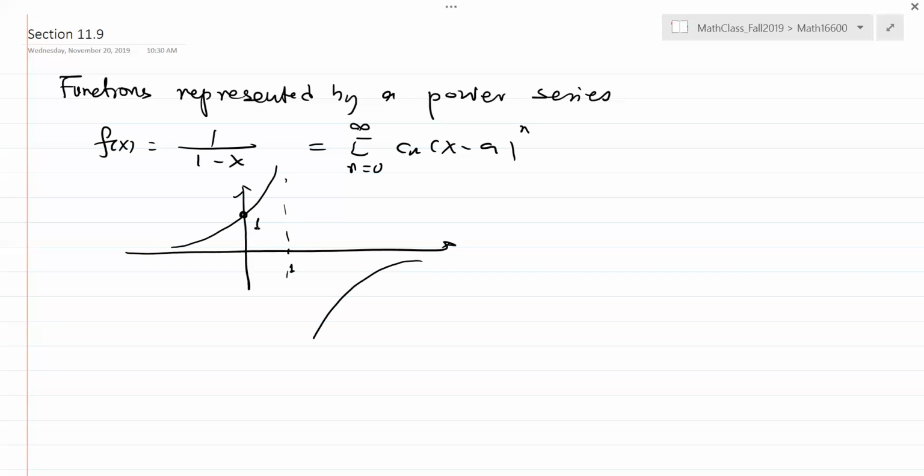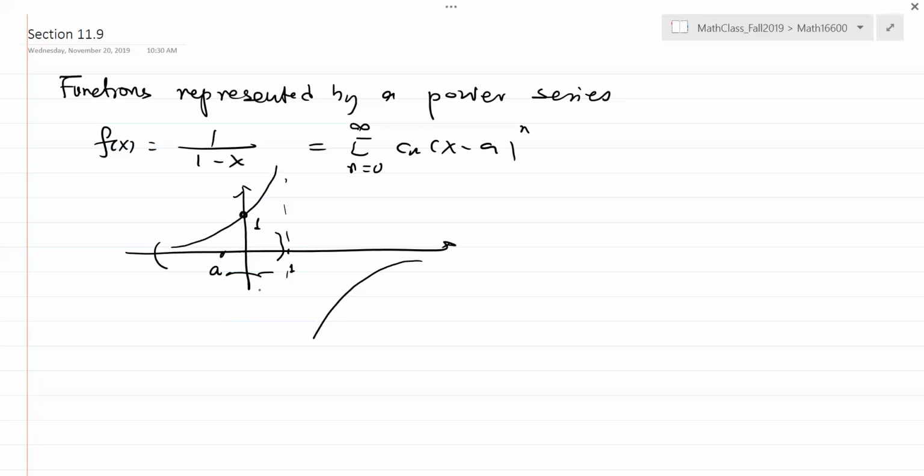Of course, you cannot express the function as a power series around 1. But for any number which is not equal to 1, you can always find an interval. The largest possible interval you can get is this one, because the other side touches 1.